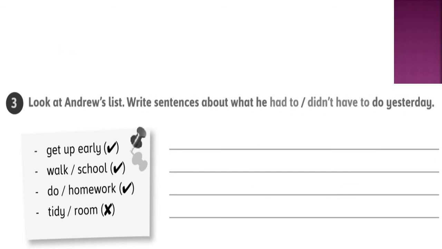Let's practice. Look at Andrew's list. Write sentences about what he had to or didn't have to do yesterday. Here we have a list about what he had to do and what he didn't have to do.